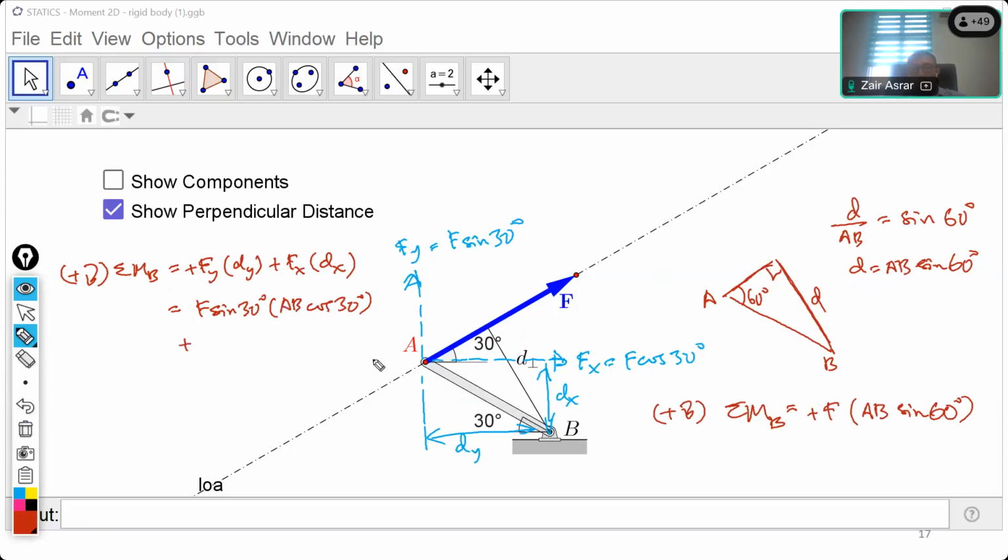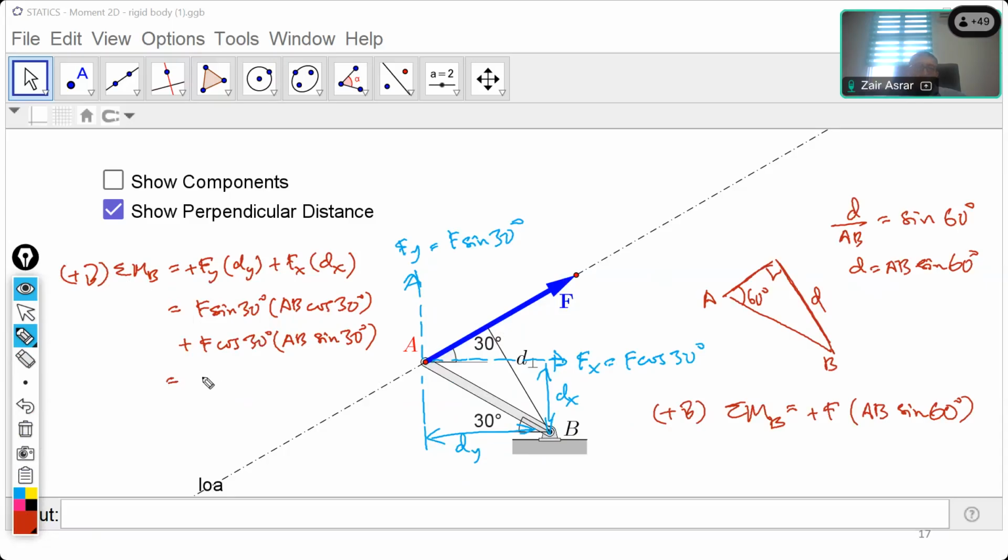And then we have Fx. Fx is F cos 30 degrees times dx, in this case, AB sine 30 degrees. So here, what do we have?